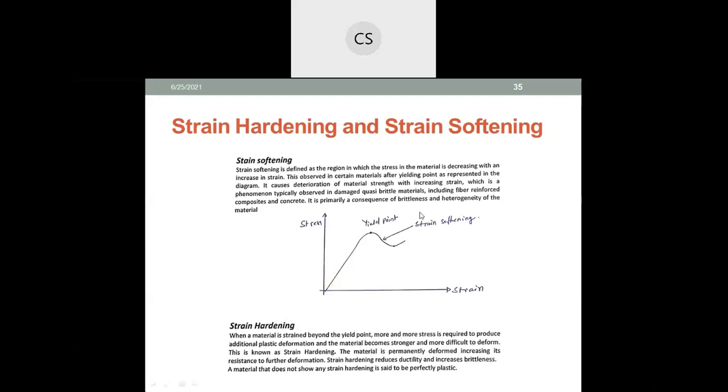So this linear region is an elastic region.